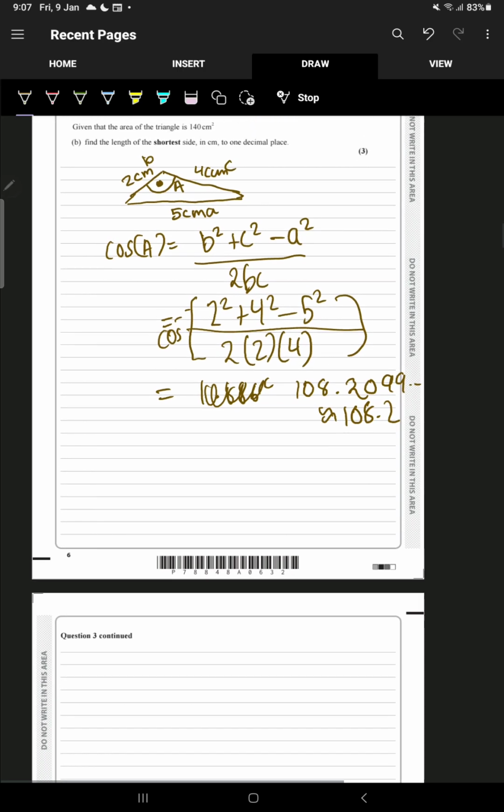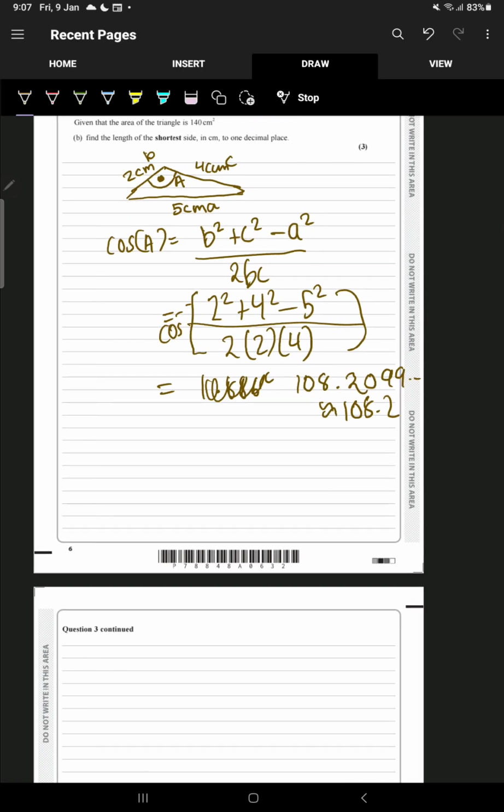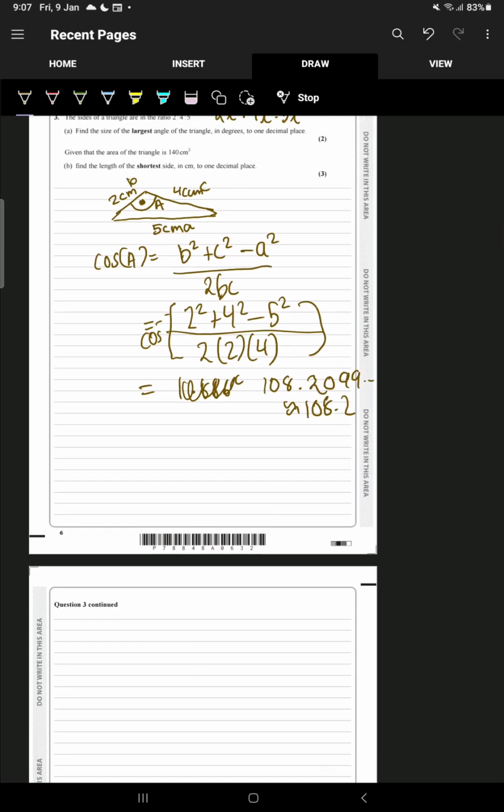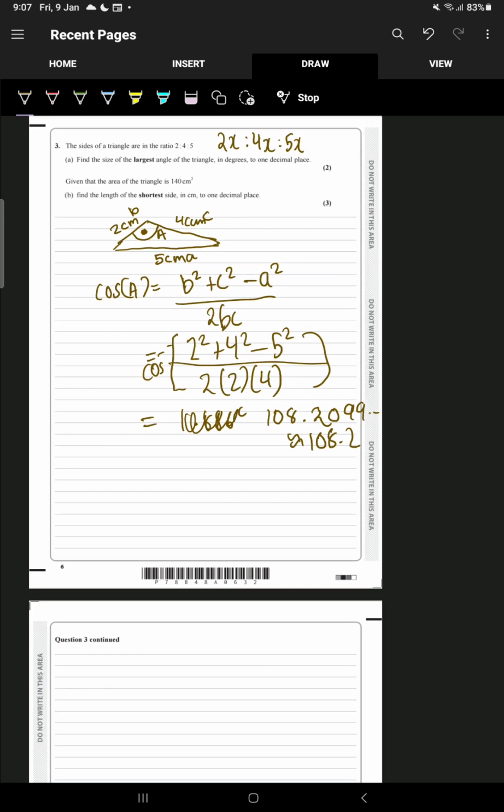Now the area of the triangle is 140. Find the shortest side. So the shortest side is this, x here. Find the shortest side in centimeters to one decimal place.